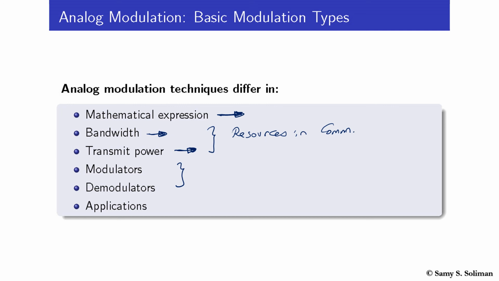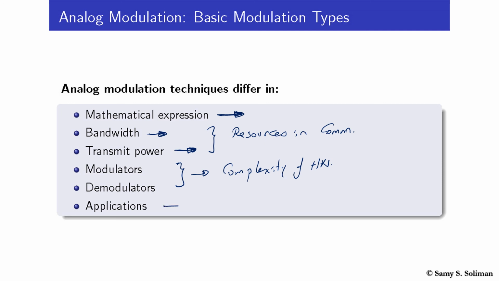Again, this represents the complexity of hardware. So we might have a modulation technique which is efficient in power and efficient in bandwidth utilization, but it is complex in implementation. So it is important to study how the modulators and demodulators are implemented.